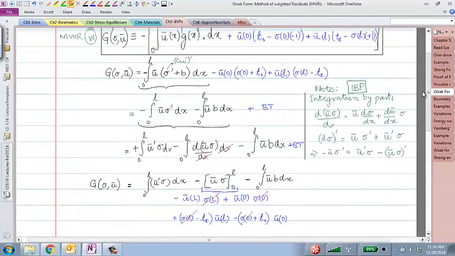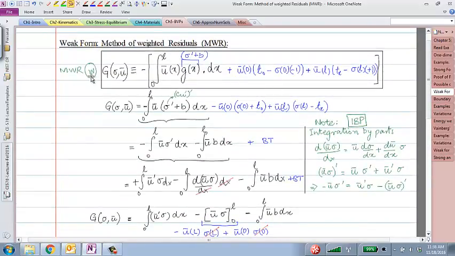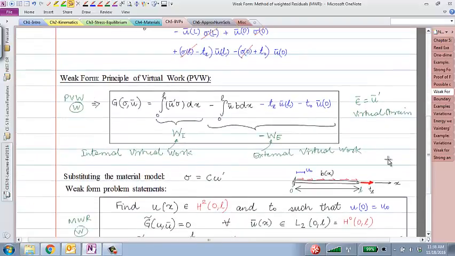So there was this original weak form that we wrote out, method of weighted residuals, and last time we derived this principle of virtual work form of the weak form, where we found that this was the internal virtual work, this term was the external virtual work, and the problem statement is still the same: find a real displacement or a stress function, sigma of x, and find the T0, or the reaction at the left end, such that this G functional goes to 0 for all possible u bar functions.